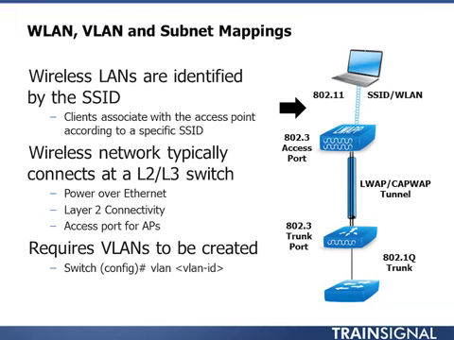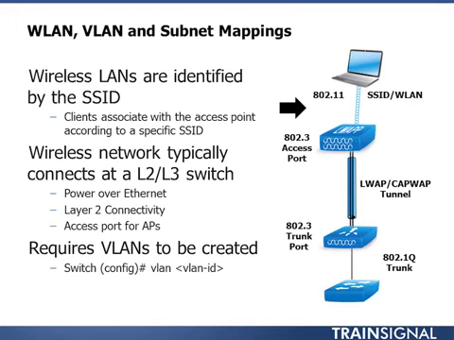When it forms a connection to the switch, the switch looks at it as just a dumb host that's not capable of doing any routing. And so the access point will connect to it, form the link, and route its traffic directly from the access point to the switch.